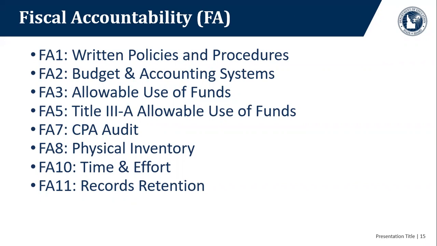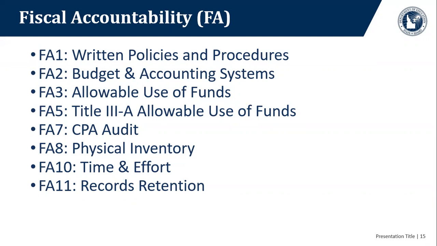FA3 and FA5 talk about allowable use of funds, specifically if you're purchasing equipment, information on that. CPA audit, physical inventory. If you're buying physical inventory specific to Title III-A funds, you will have to have a document showing all of those inventories and where they're being used.